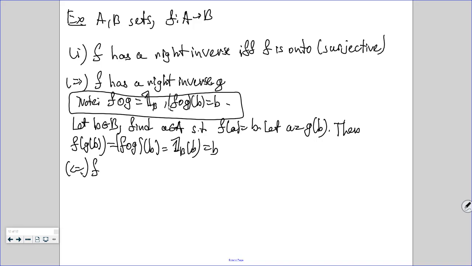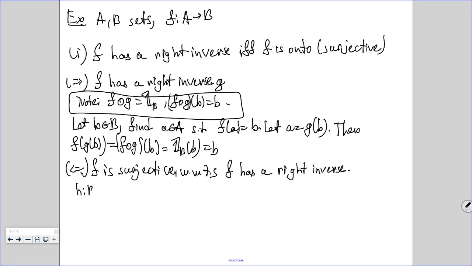So we assume that f is surjective, and we want to show that f has a right inverse. This right inverse maps, let's say some function h, from B to A such that f of h is the identity. So now let's define h as follows.